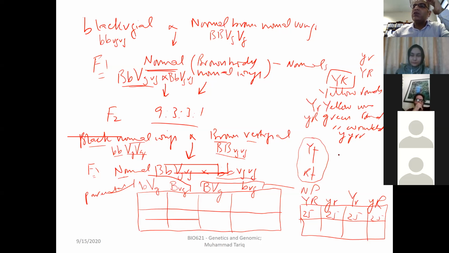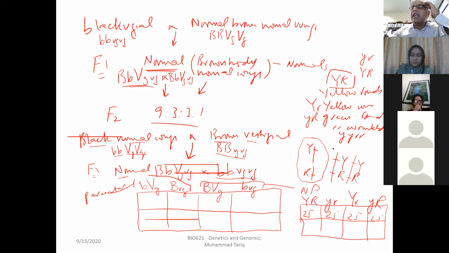What if both of Mendel's traits were on the same chromosome, instead of being on independent chromosomes? According to Mendel, factors exist in pairs.